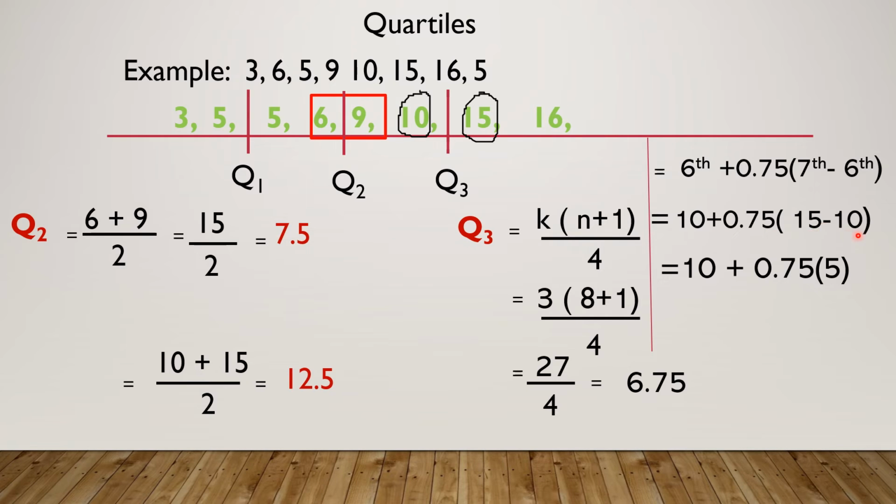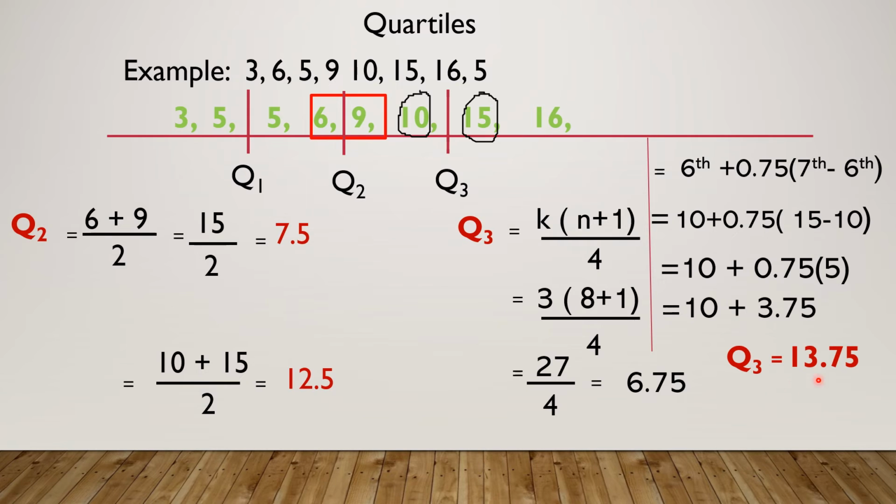Subtract this one, 15 minus 10, that is 5, times 0.75, and then add that to 10. So just copy 10. 0.75 times 5 is 3.75, plus 10, that is 13.75. Oh, you see the difference here?